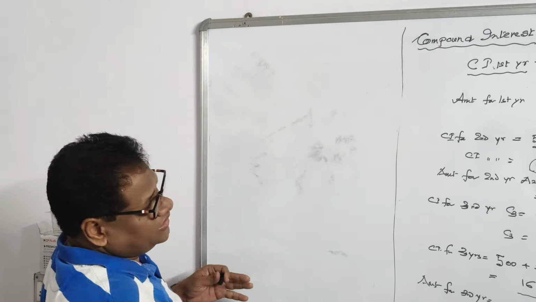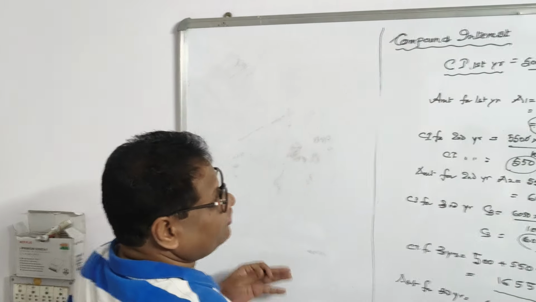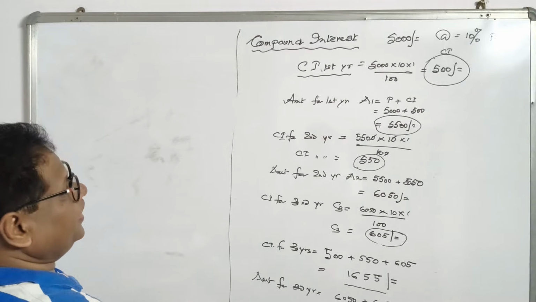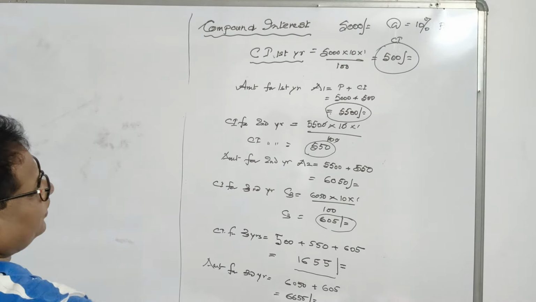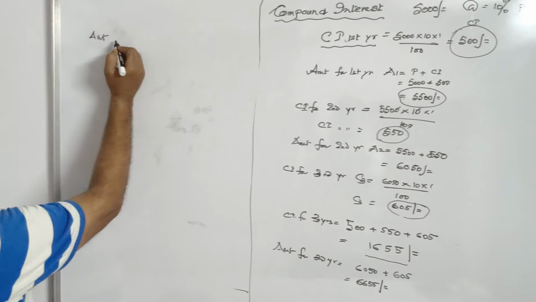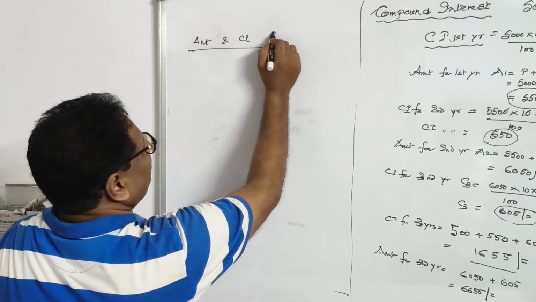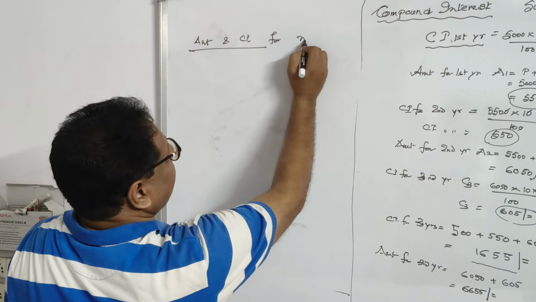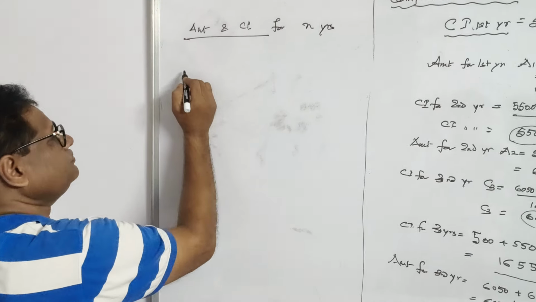We were discussing till now the expression for finding the amount using the formula. But what about the compound interest? Here for first year we calculated, for second year we calculated, for third year we calculated. Now if you want the amount, okay, and the CI for n years, that means for 2 years, 3 years, like that.